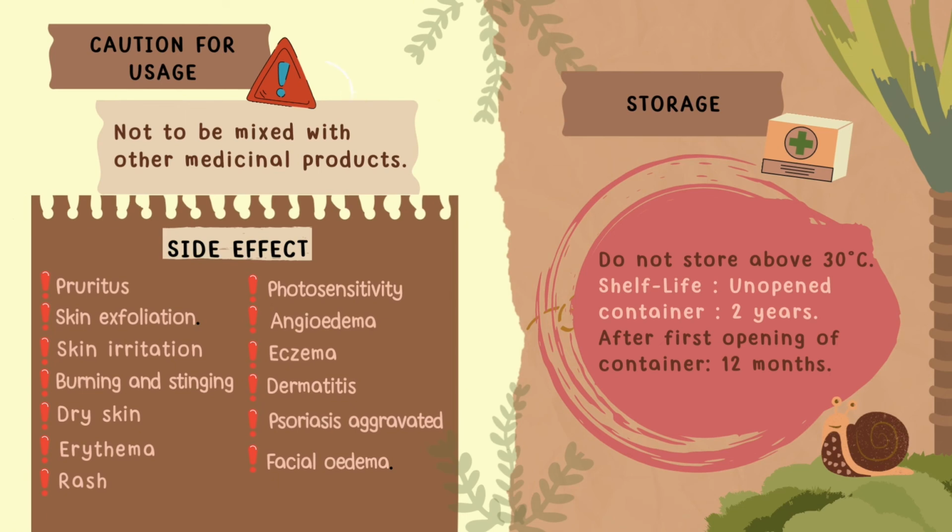For side effects of this Divobat ointment, the most frequently reported adverse reactions during treatment are various skin reactions like pruritus and skin exfoliation. The following adverse reactions are considered to be related to the pharmacological classes of calcipotriol and betamethasone respectively.